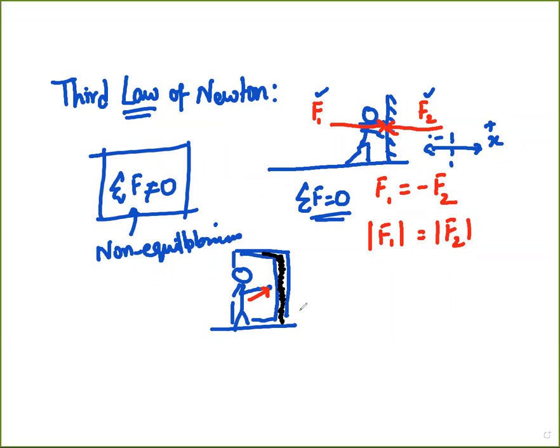So the issue was that the third law, therefore, is not a law because it is subjective. It is true only in situations of static equilibrium, maybe also dynamic equilibrium, but in non-equilibrium systems, that is situations in which there is an acceleration, the third law is not applicable. So then it should not be called a law at all. That was my contention to my teachers.